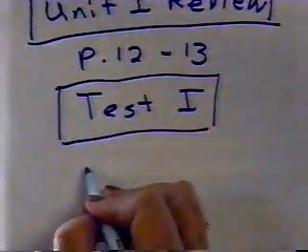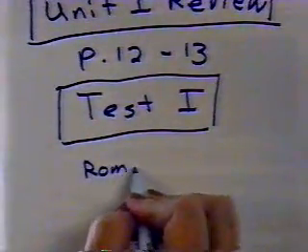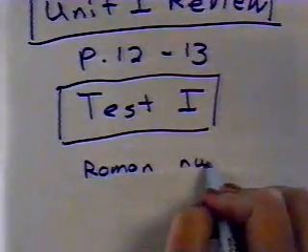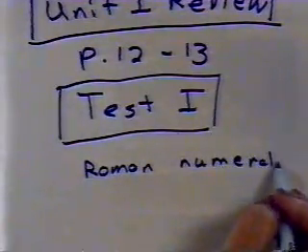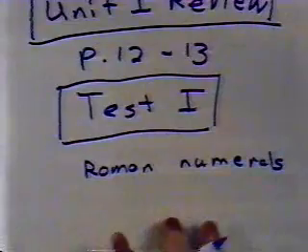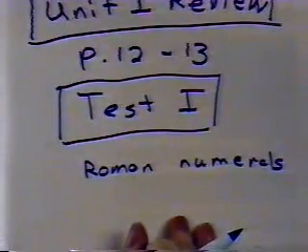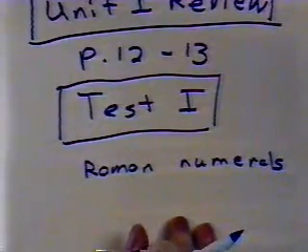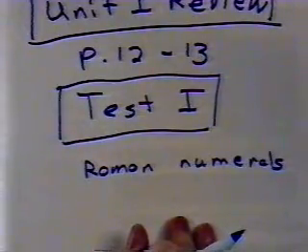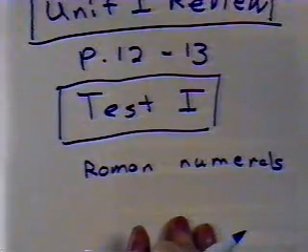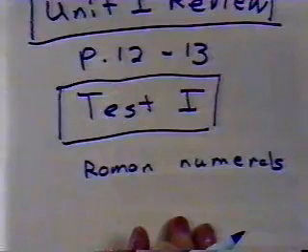Make sure, as you're reviewing for the test, that you memorize your Roman numerals if you didn't. Most of you did all right on the quiz, but some of you had a little trouble. So make sure you look at your Roman numerals. There'll be fractions, converting fractions to decimals, percent problems, proportion problems, and the application we looked at tonight.